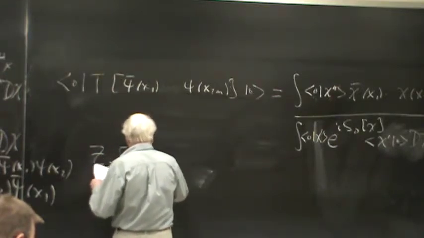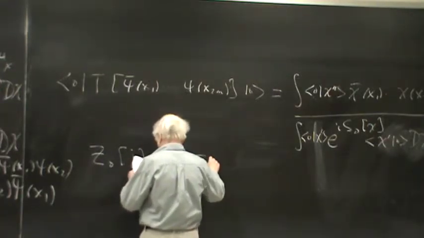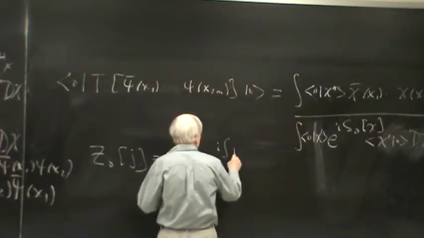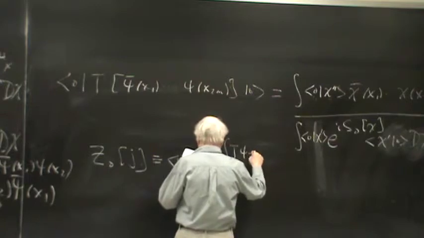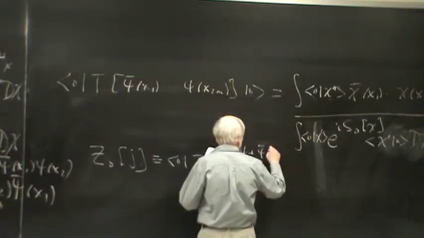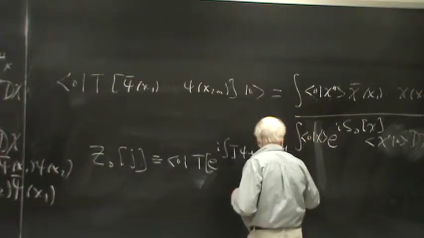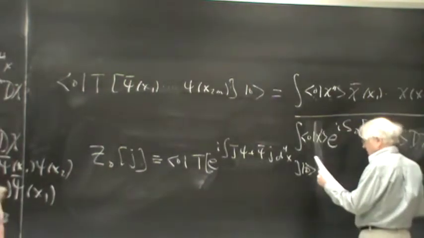So I'm defining this to be the vacuum time-ordered product e to the I integral j bar psi plus psi bar j d4 x, and now that's this ratio here.